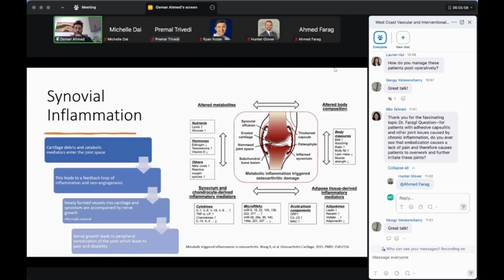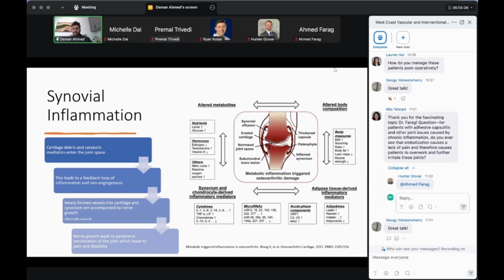And that brings us to this very complex slide of the inflammatory cascade that occurs with OA. This is a very busy slide, but what really is important is that you have some sort of abnormal mechanical load that basically starts this process. And it's a positive or forward feedback loop of cartilage debris and catabolic mediators that enter the joint space.